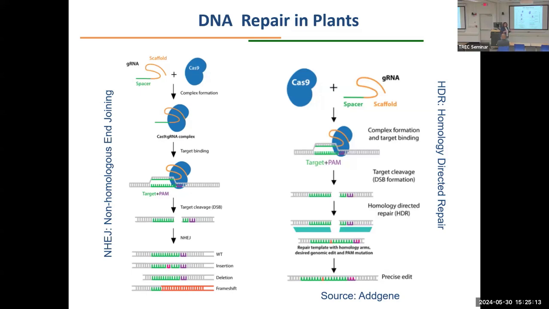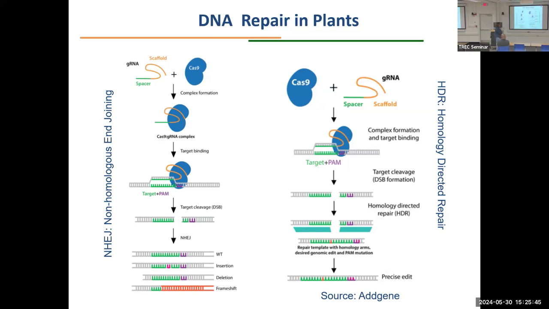So once the DNA is cut, how does it get repaired? Every cell has a repair mechanism, which is known as the non-homologous end joining repair mechanism. This guide RNA spacer is known as a single gRNA complex, and with Cas9, it forms an effector complex. The spacer sequence is user-defined, and it corresponds to the target sequence.